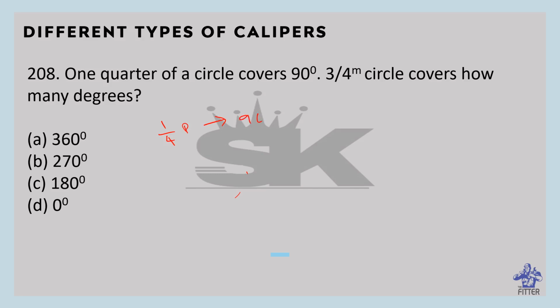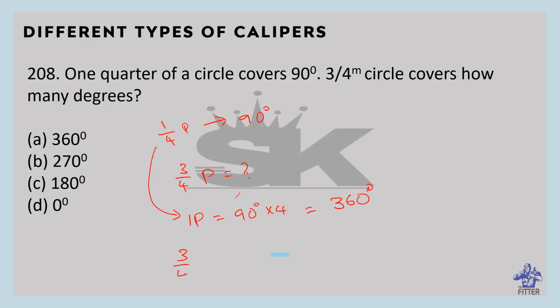And what does the three-fourths part equal? We have to find out. One part equals 90 degrees into 4, that is how much? 360, right?